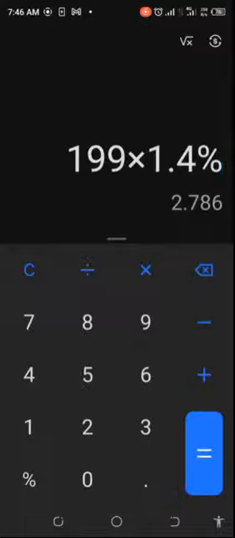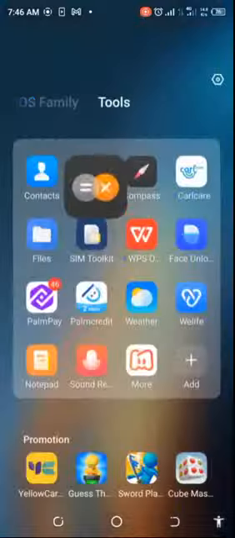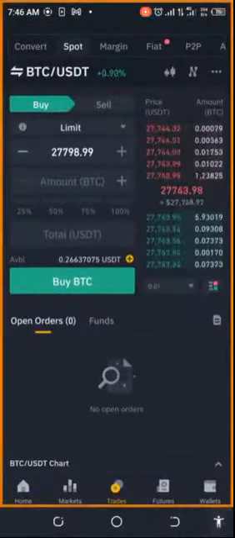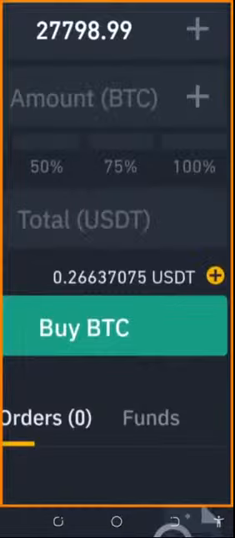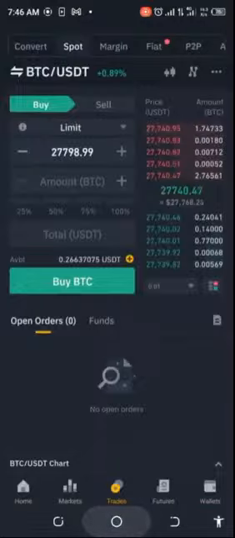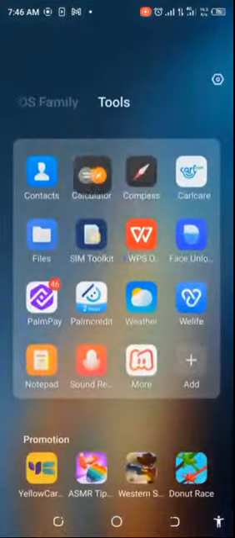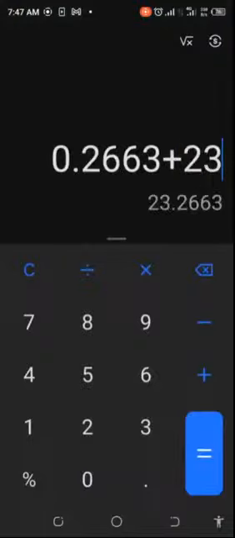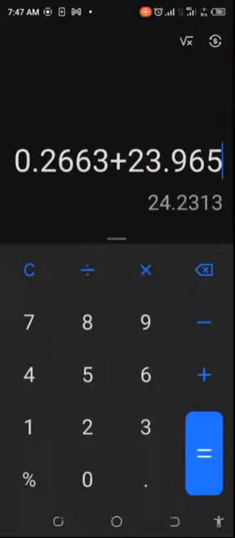So let's now go back to the global amount. The global amount really is, we have to add what we've made plus what is in Binance. So what do we have left in Binance? We have 0.2663. So let's take that and add that to our 23.9658.